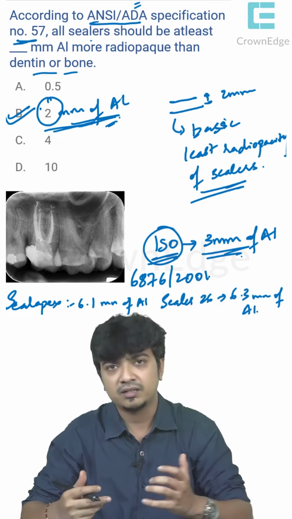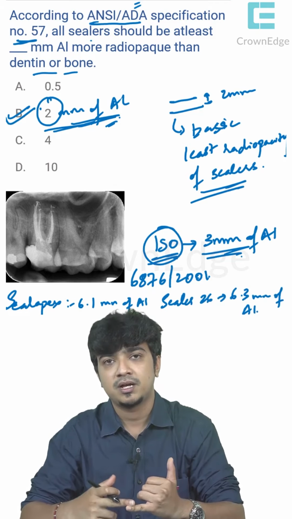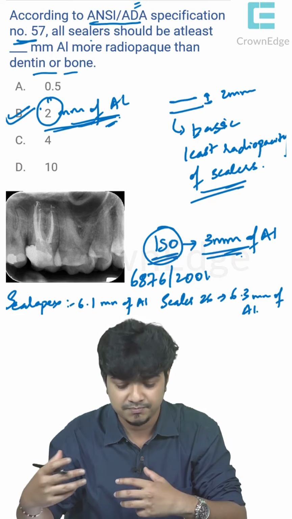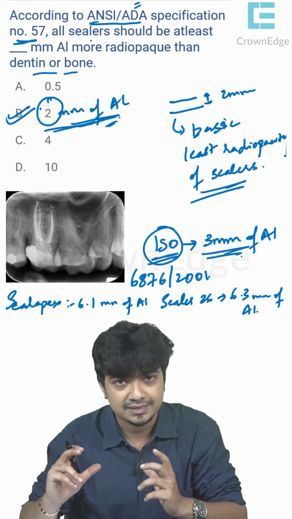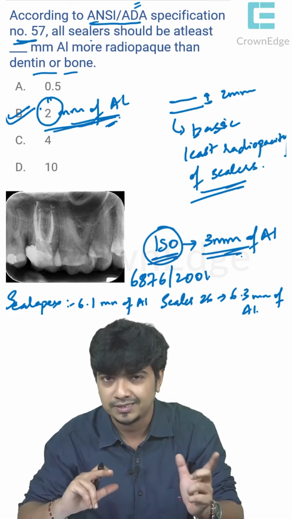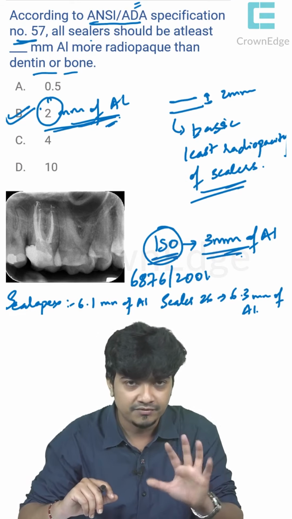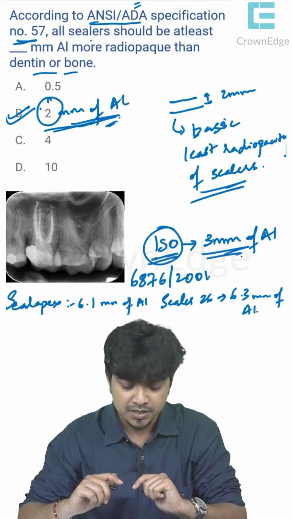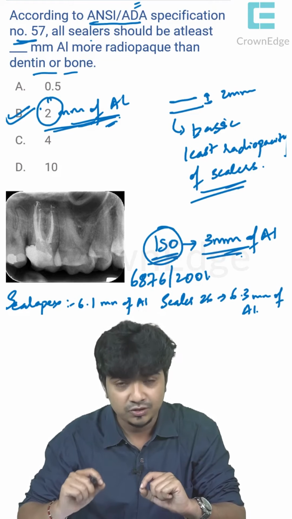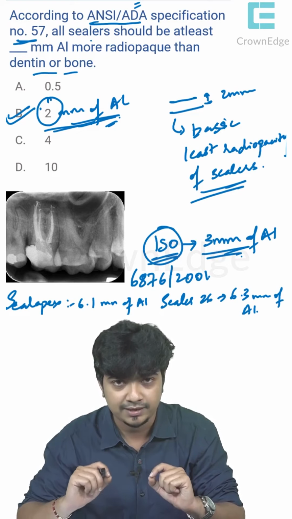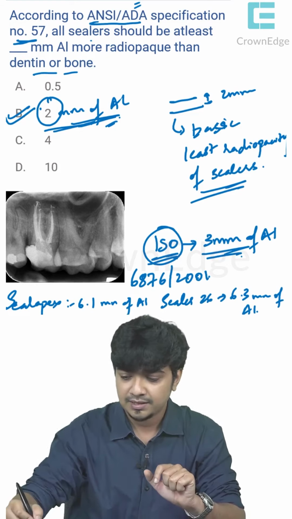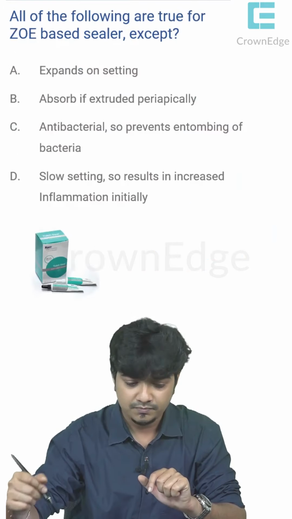And then there are other sealers such as your AH Plus, your AH26, and all these resin sealers are slightly more radio opaque than your zinc oxide eugenol based sealers, which are somewhere in the range of approximately 4 to 5 mm of aluminium. These are values you need to find out and keep in mind, because that is required in case they ask in your questions.